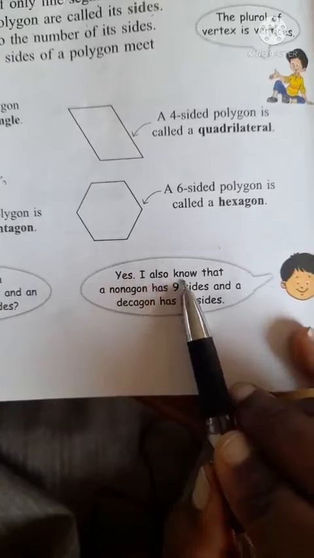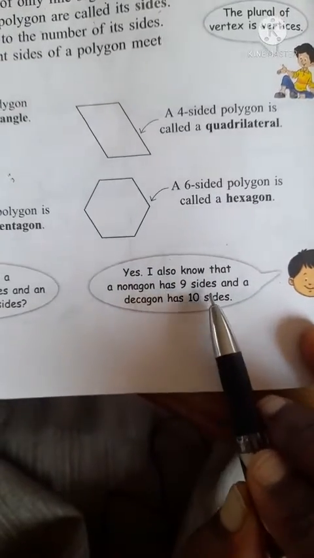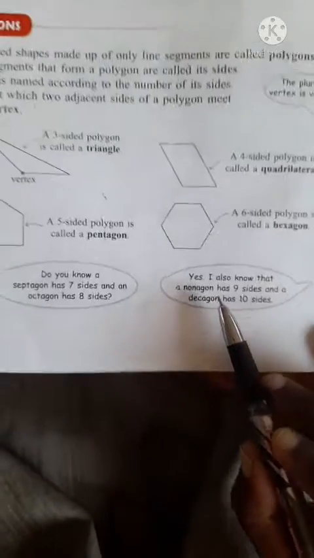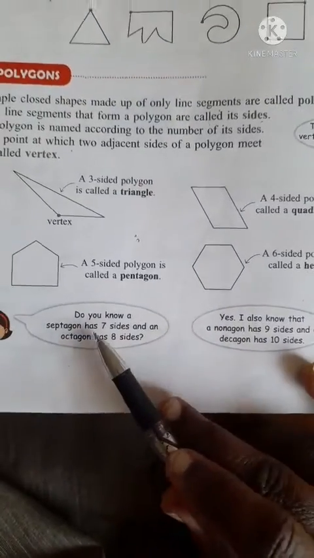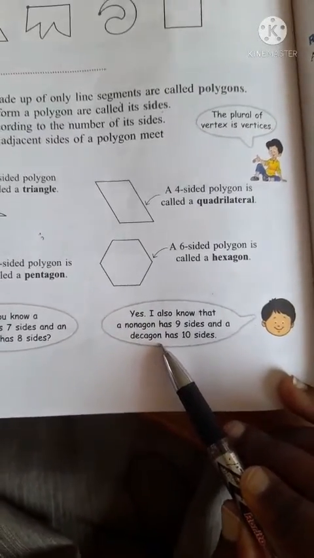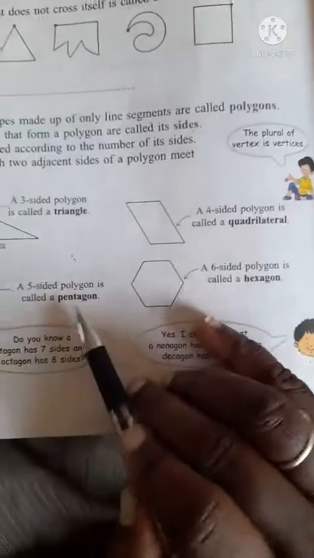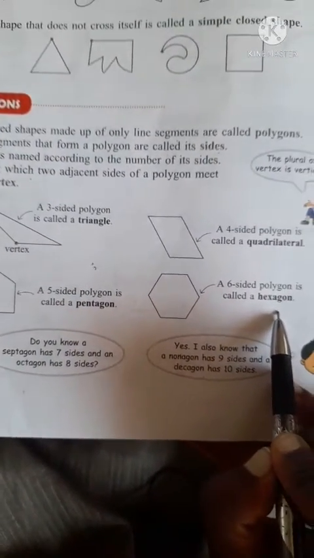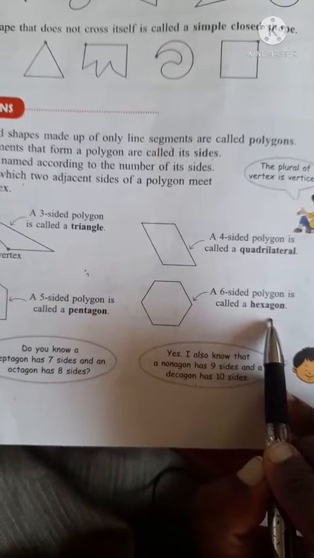A nonagon has 9 sides and a decagon has 10 sides. Totally up to 10 sides they gave the names. So till now you can read up to hexagon.